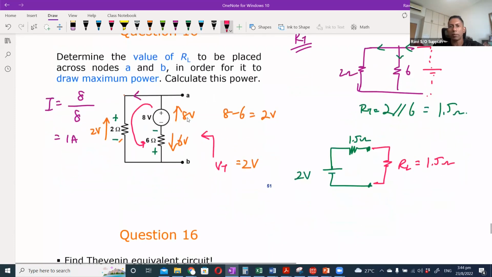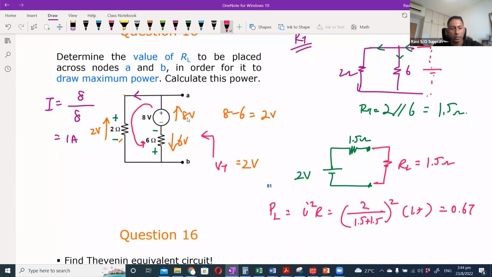That is when maximum power is delivered. And how much is this maximum power? The maximum power to the load, you can use I squared R, so the current will be V by R, which is 2 over 1.5 plus 1.5, multiplied by RL, which is 1.5. So that will give me 0.671.